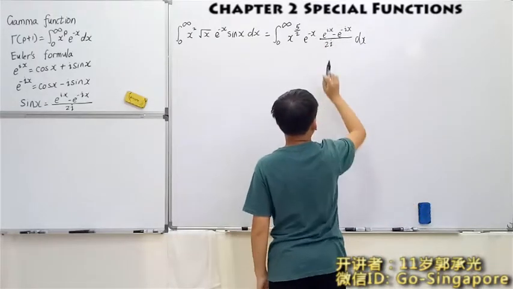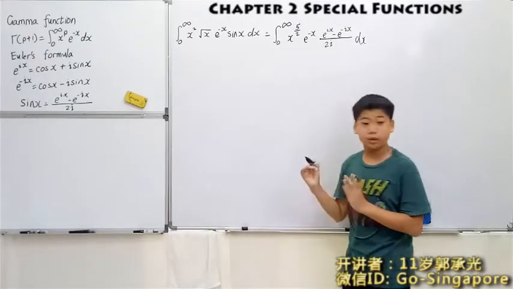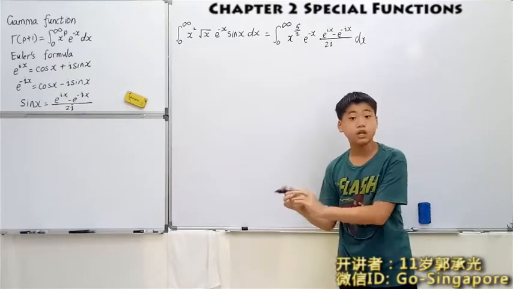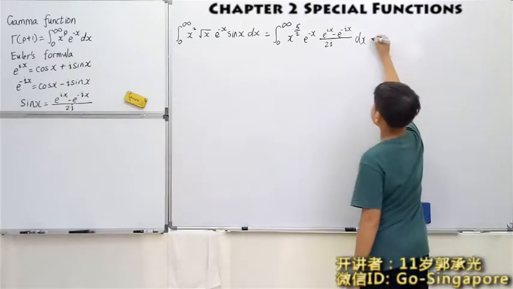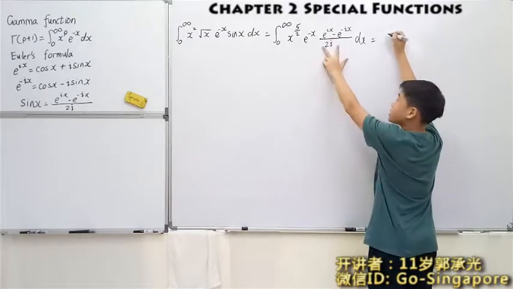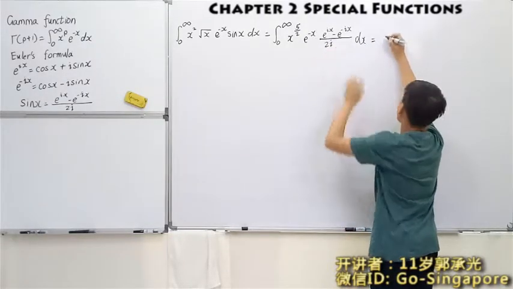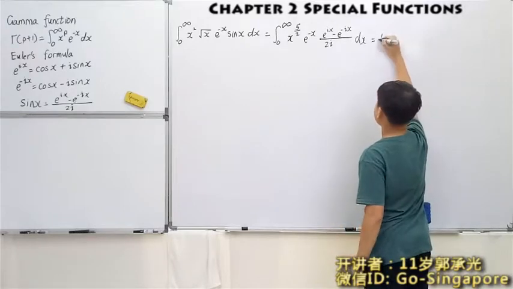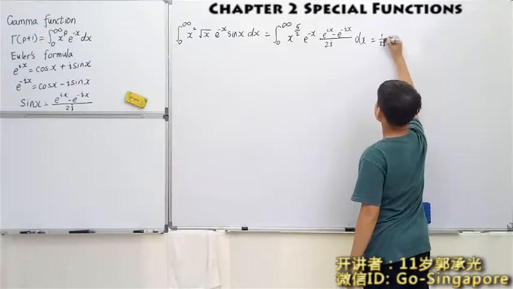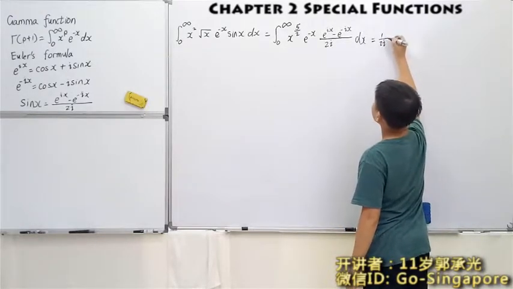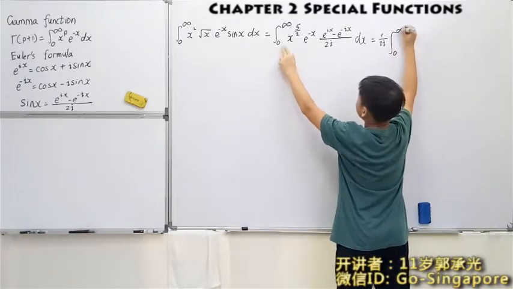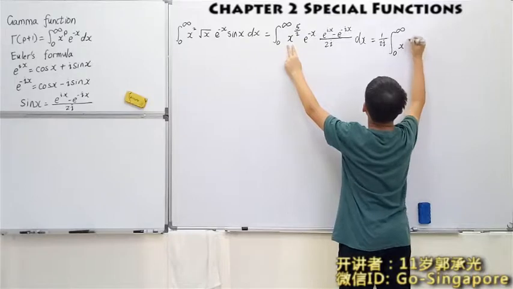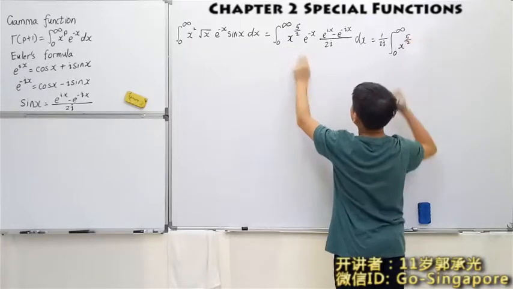When you see more of these e's, you can't just put them in one integration. You have to separate them. Okay. But this 1 over 2i will just leave it in front. First term, 0 to infinity, x to the power of 5 over 2, you can just leave it there.